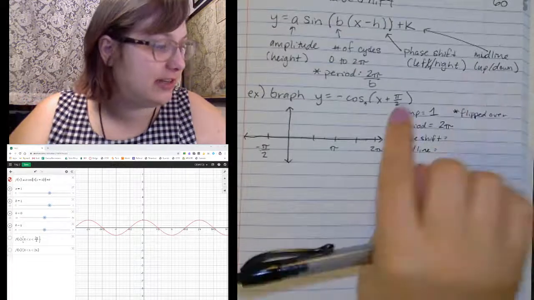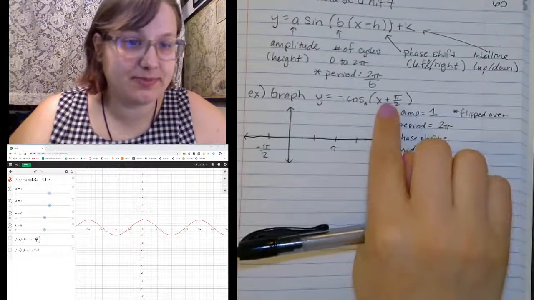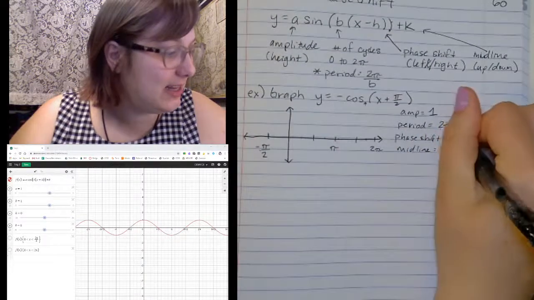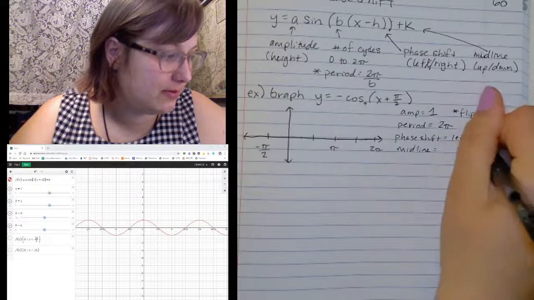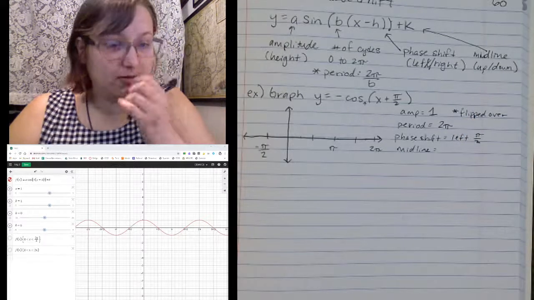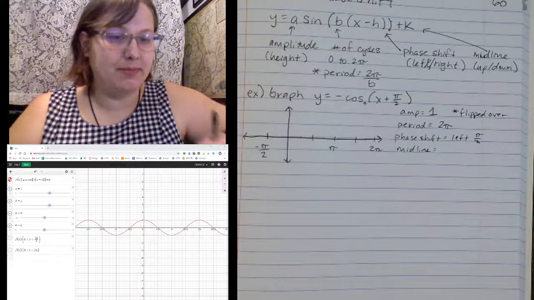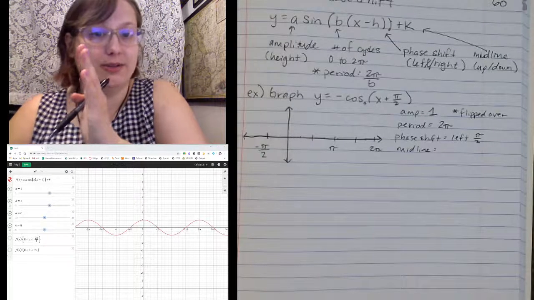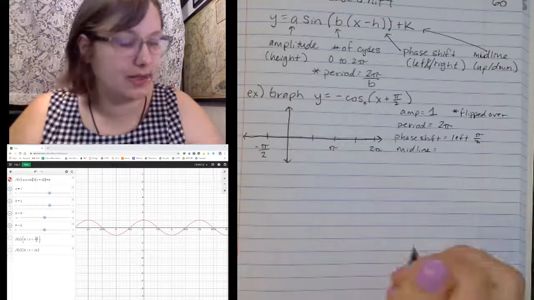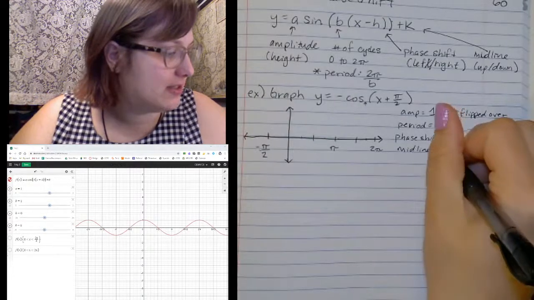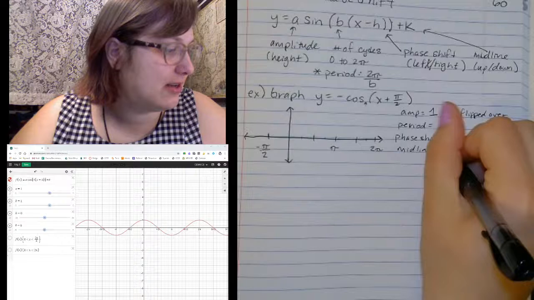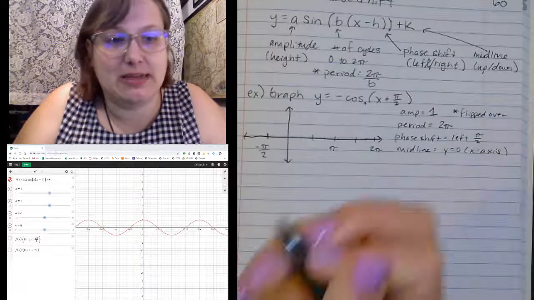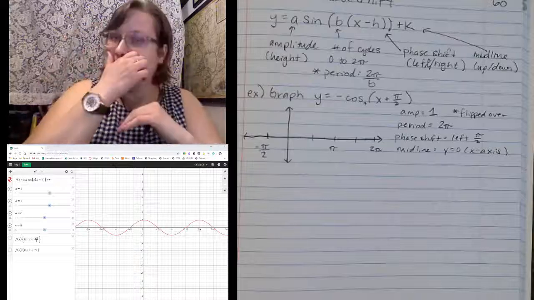My phase shift says plus pi over 2, so we go left pi over 2, which means that I do 1 full cycle in 2 pi after the pi over 2 that I'm starting at, and I'll show you what that looks like. And the midline is just the x-axis, or we could say y equals 0. There's no change, basically. Midline is still the midline.